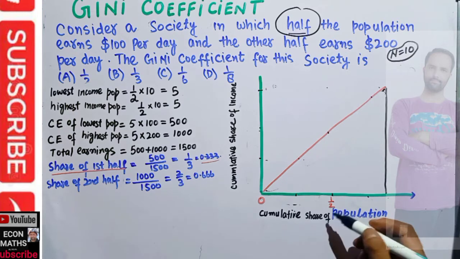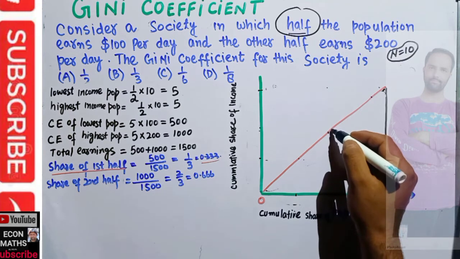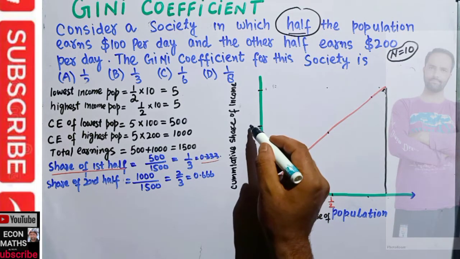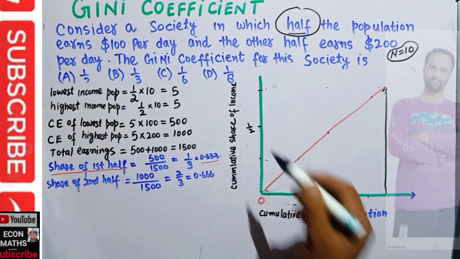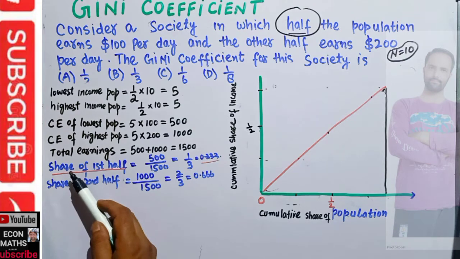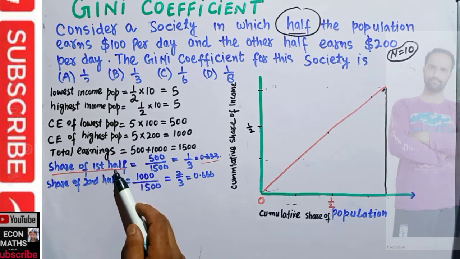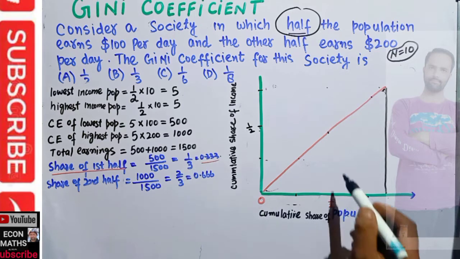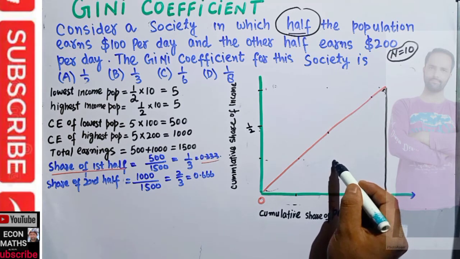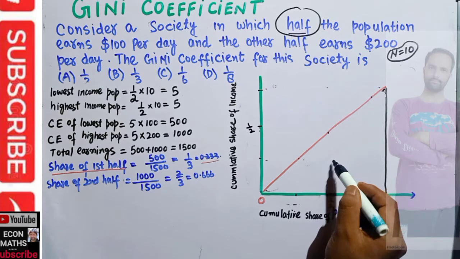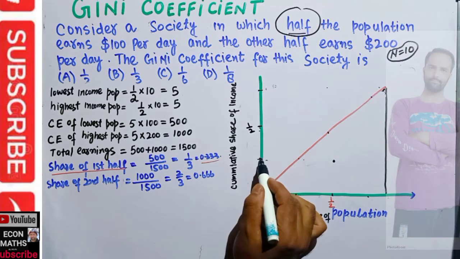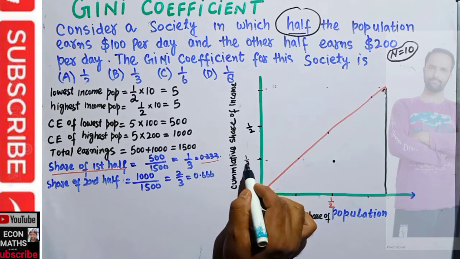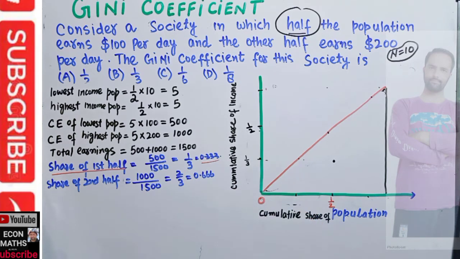If it is 1/2 here, up to this, but we are told that the first half only owns 33%, that is 1/3. So let's draw this point here, 33% or 1 upon 3 in terms of fraction.